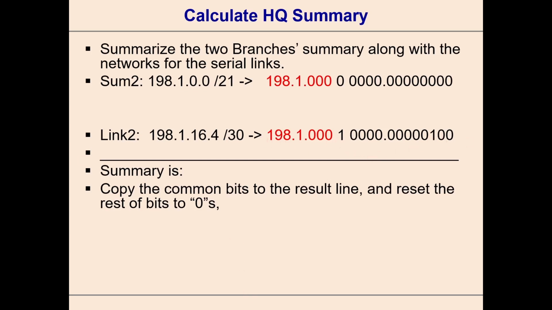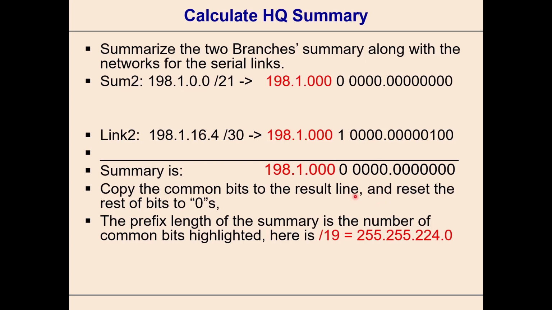Then we simply copy the left matching common bits down to the result line. That is the network ID for the summary network. Then we reset the rest of the bits on the right to 0. That is the summary network address.